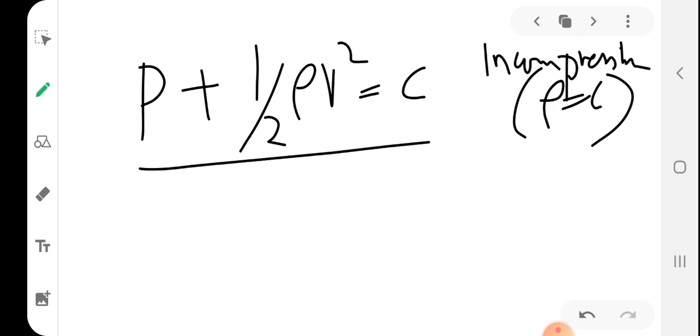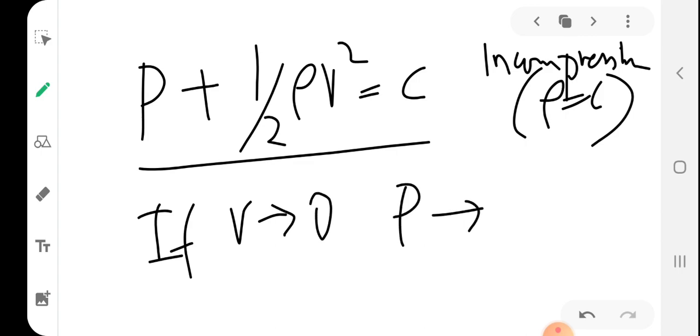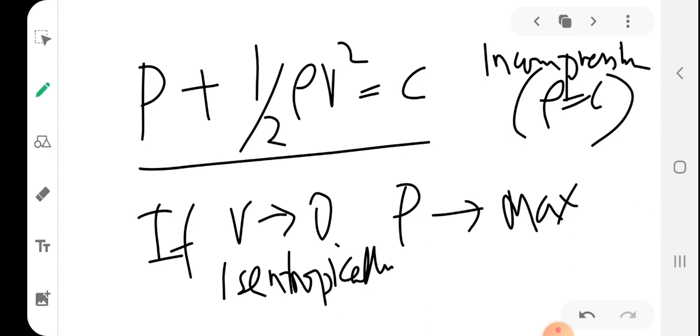When velocity tends to zero, P reaches its maximum value, and that value is the stagnation pressure or total pressure.